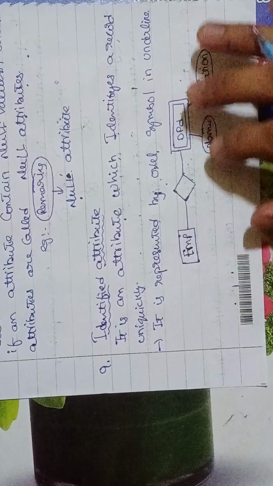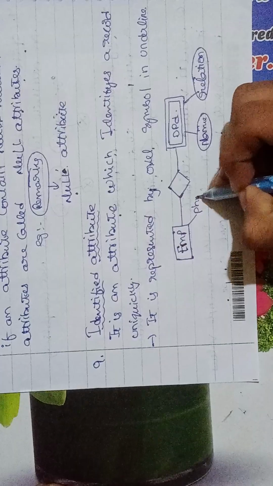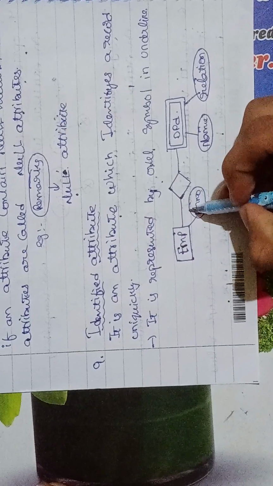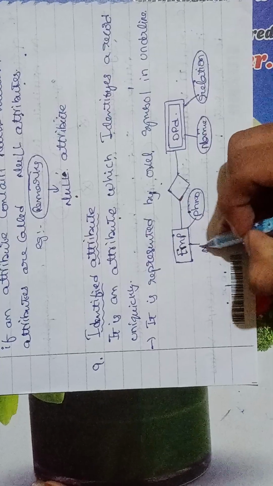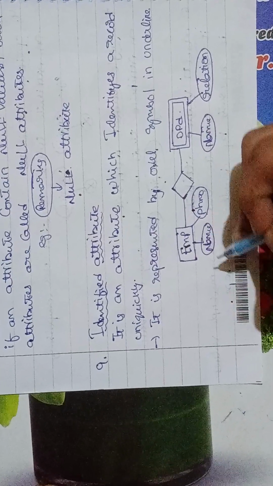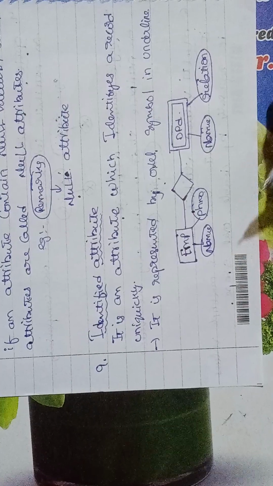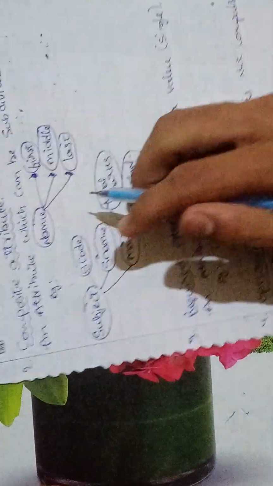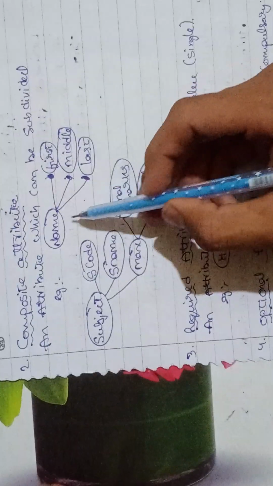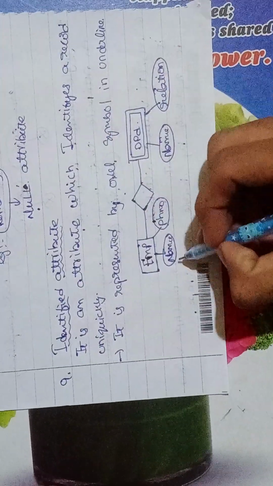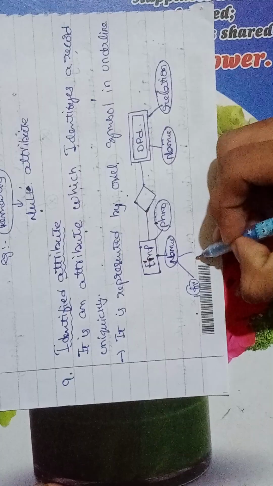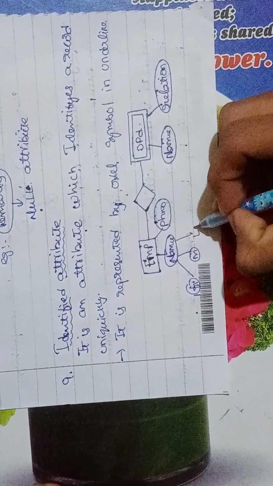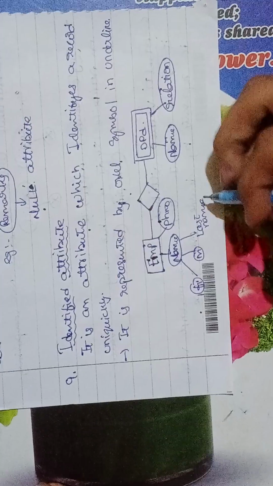Here employee has phone number and it has name. Name we can see first name, middle name, last name, you can see the composite attributes. Okay, this is the composite attribute, means name has sub-attributes: first name, middle name, last name.